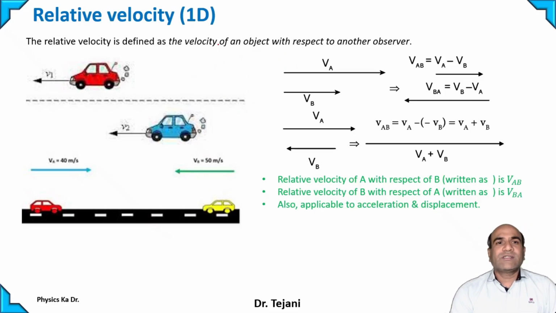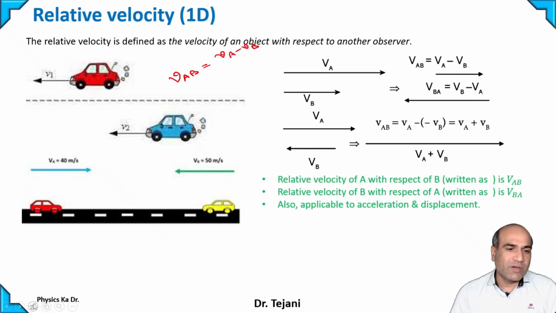We just need to understand relative velocity, and the concept applies to relative acceleration as well as relative displacement. Both are also valid terms, so no separate study is required. You just need to understand one concept, that the relative velocity of A with respect to B is equal to VA minus VB. This is the only requirement.